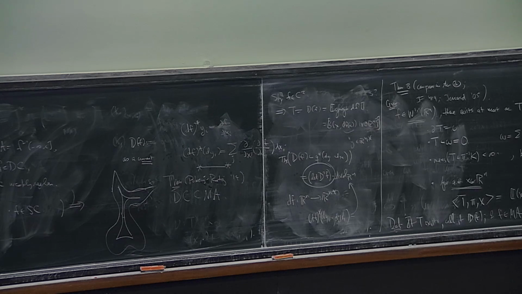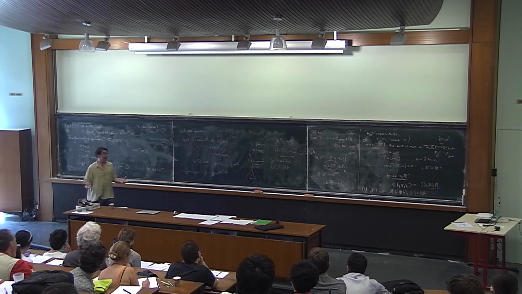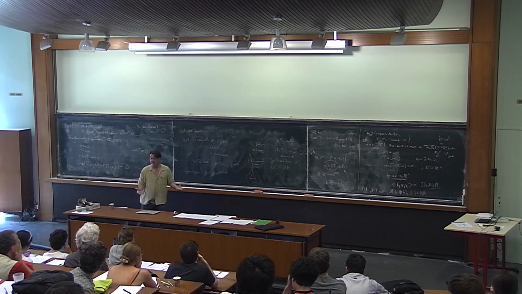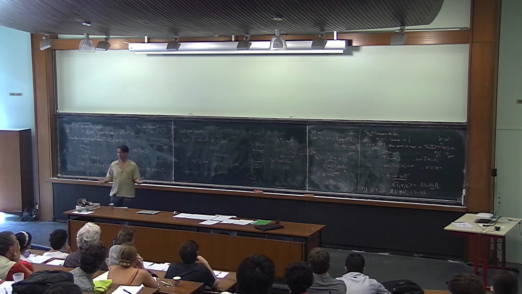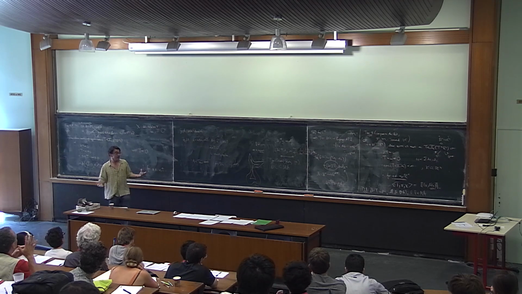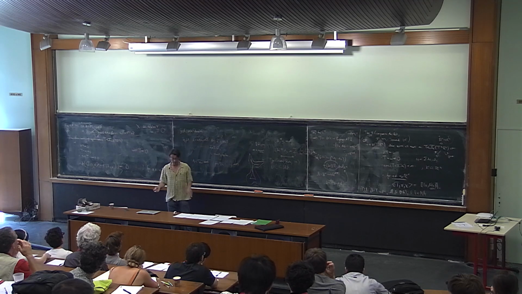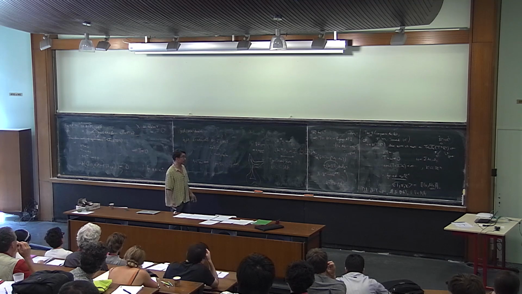Now DC, of course, is trivially a vector space. MA is not a vector space. We know it not to be a vector space. But it contains lots of vector spaces. It contains, say, W^{2,n}, all functions whose second derivatives are nth power integrable. But it's not a vector space.